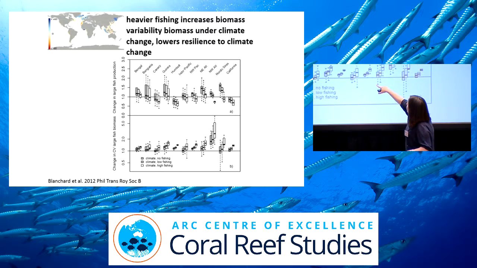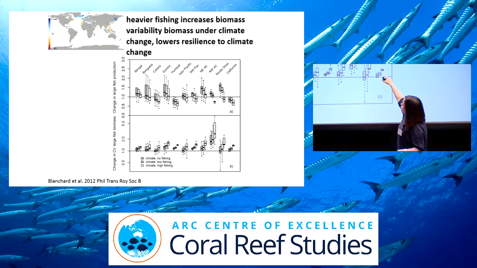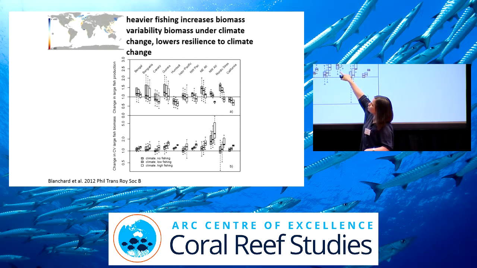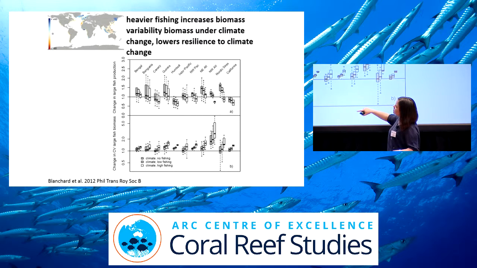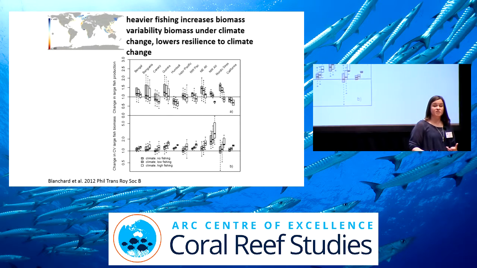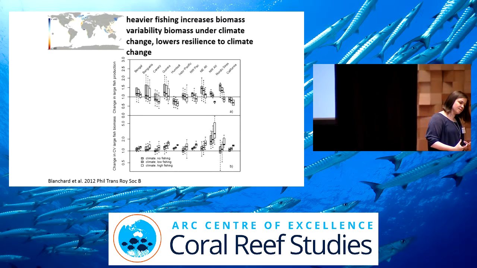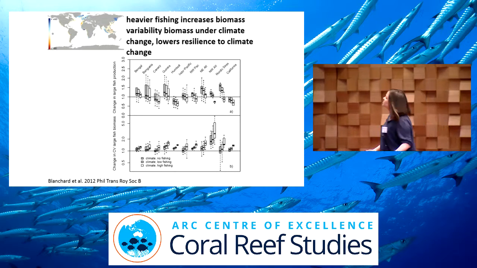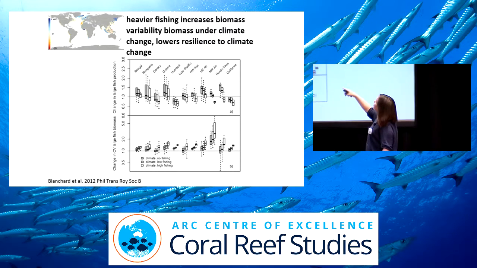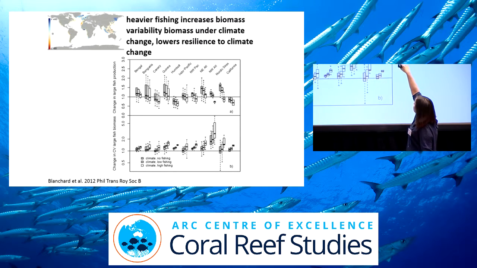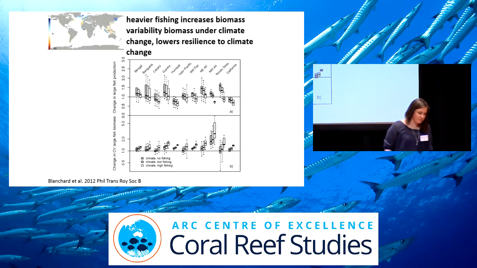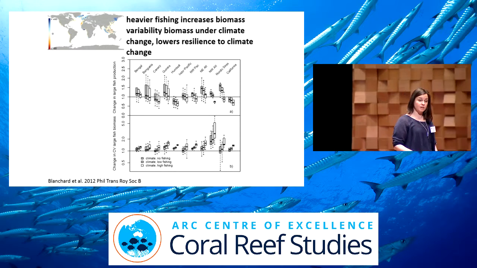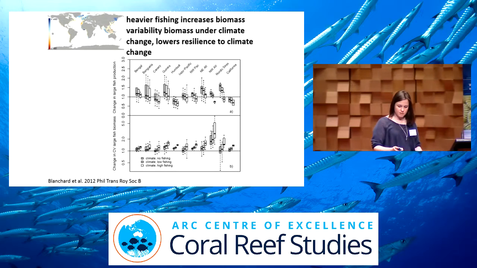So you can see in each one of these ecosystems, what we get is this ramping up of variability as fishing increases. And so what that means is that the ecosystems themselves, as they're fished down and as body sizes are truncated, because you can see the loss of production that corresponds to the ramping up in fishing of the large fish biomass, we see that these systems are becoming much less resilient to the effect of the climate change and variability that's being forced in the models.